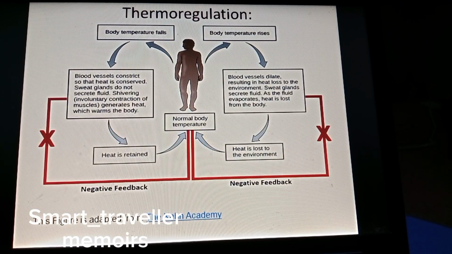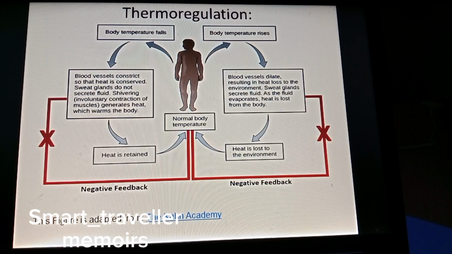So this figure is adapted from the Khan Academy. Thermoregulation: body temperature falls, body temperature rises. Blood vessels constrict so that heat is conserved. Sweat glands do not secrete fluid.